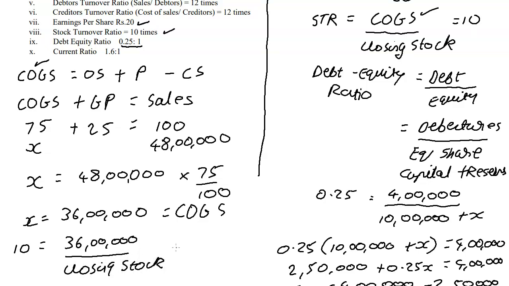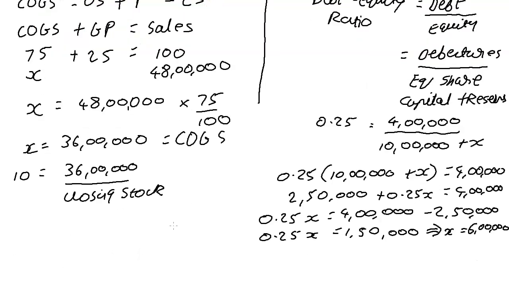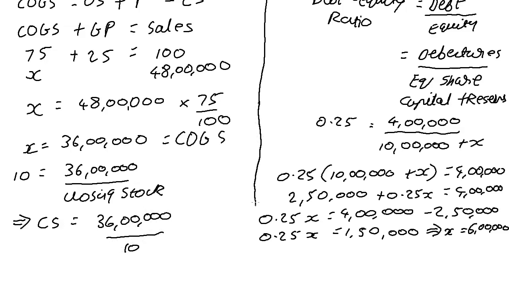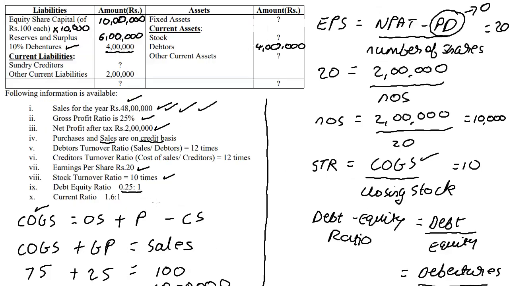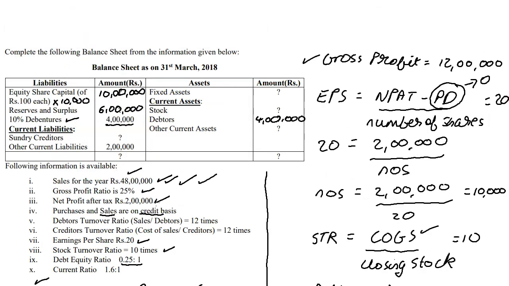Therefore closing stock, CS, is equal to 36 lakhs upon 10, which gives me 3,60,000. And that is what I'm going to put over here as 3,60,000.